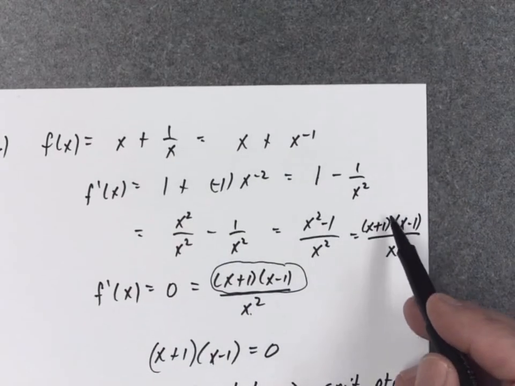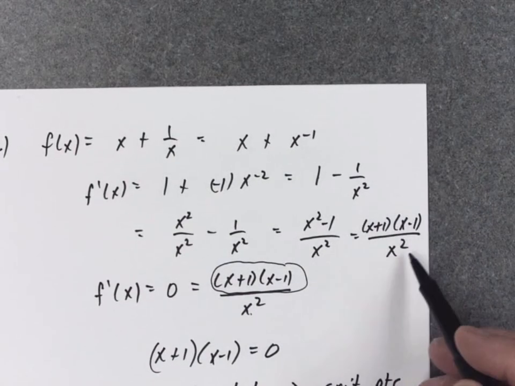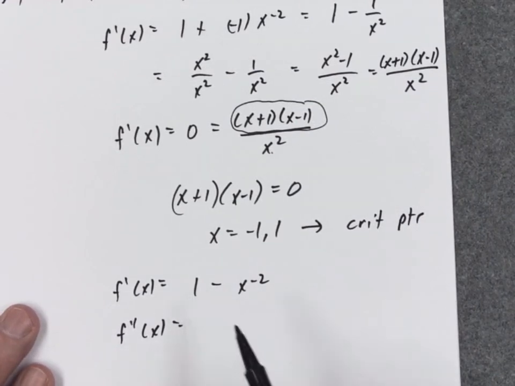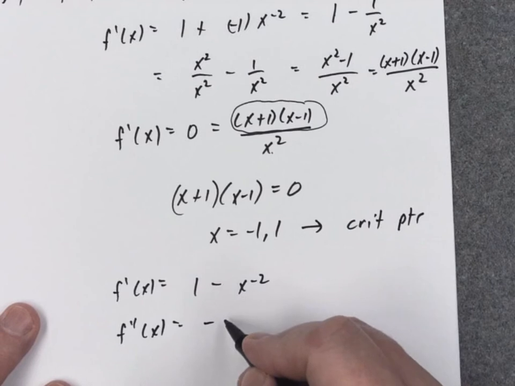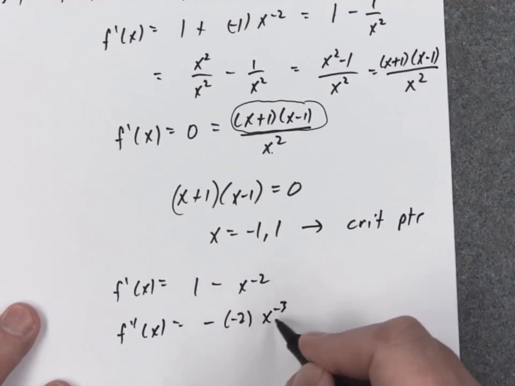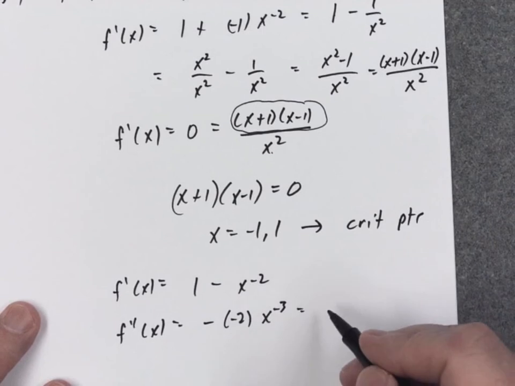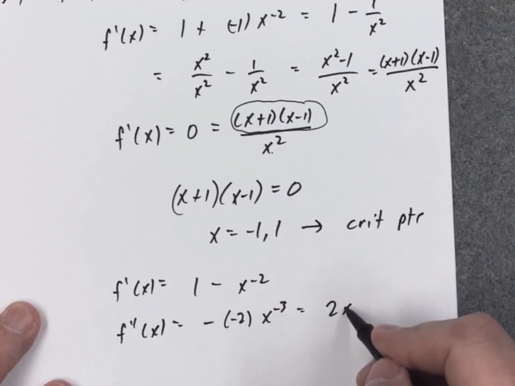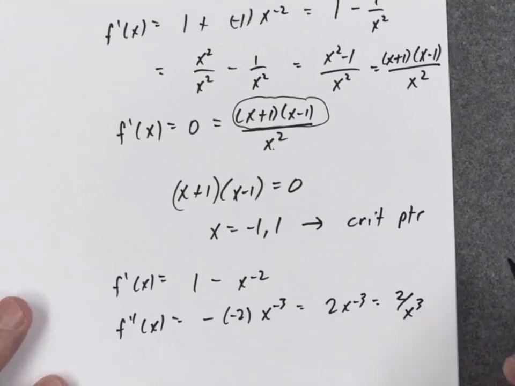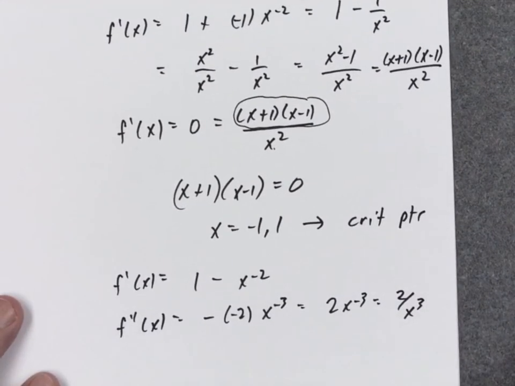I don't want to have to take the second derivative of this. That's a mess. This is not too bad, right? So if this is the first derivative, the second derivative: this is 0. You have the minus, right? Minus 2 comes down. Turns out it's 2x to the minus 3, which I can write as 2 over x cubed. This is the second derivative.